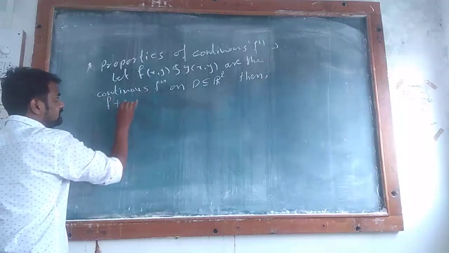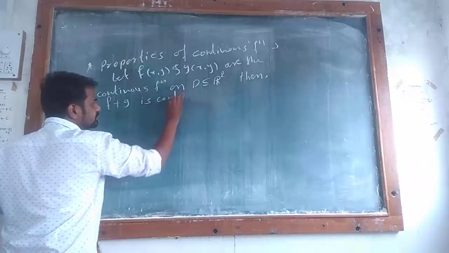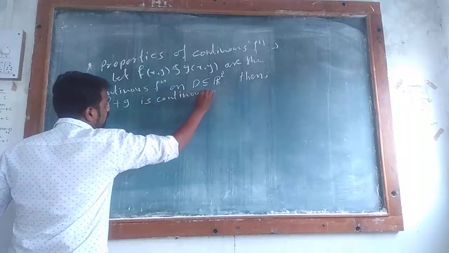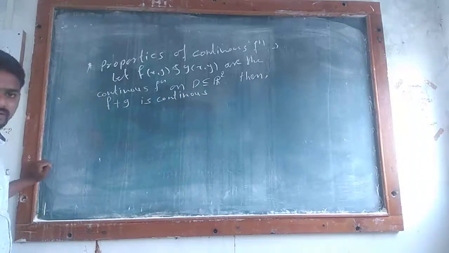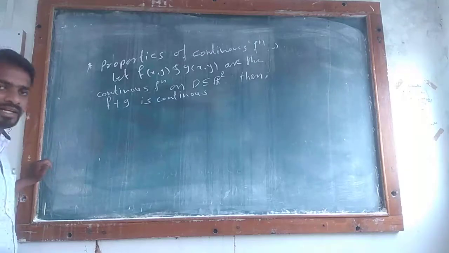f plus g is continuous on D. That is, the addition of two continuous functions is again continuous.